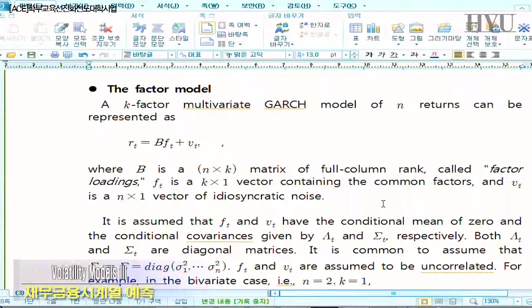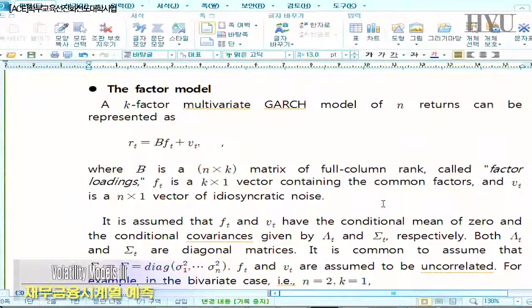But if you try to introduce conditional heteroscedasticity to those large dimensional problems, we know that the number of parameters to be estimated increases dramatically, right? So it's beyond your control. So what you do is think about reducing the dimension of the problem. Okay. So the basic idea is very simple and very interesting.